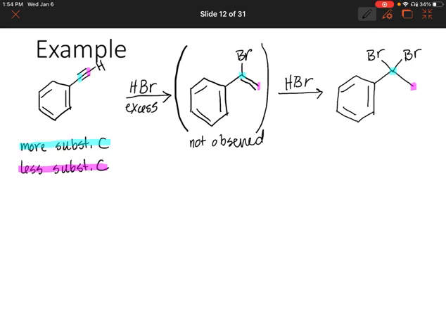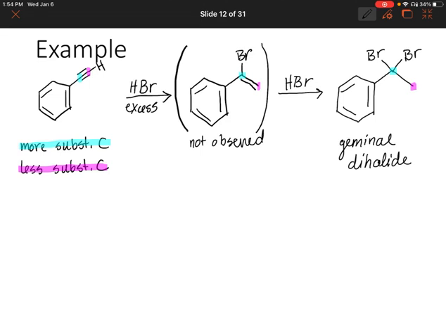Is this a geminal dihalide or a vicinal dihalide? A geminal dihalide, because the bromines are bonded to the same carbon.